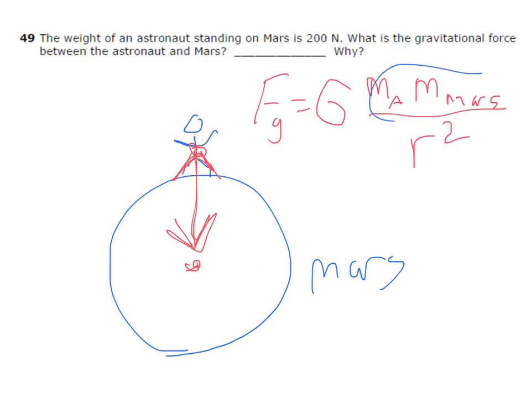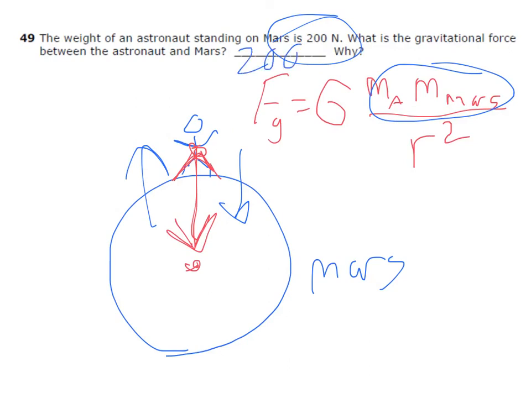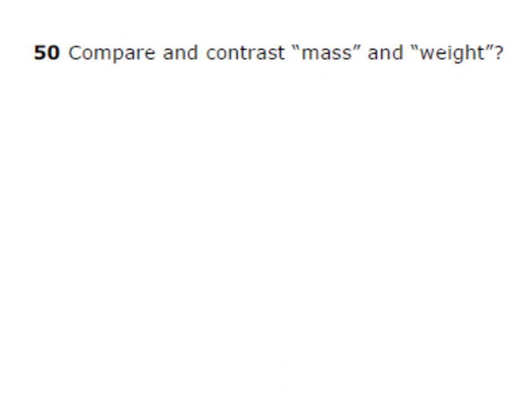But the force is the product of the astronaut and Mars. And that doesn't matter whether we're talking about the force down or the force up. The force is exactly the same, just in opposite directions. So the force is 200 newtons. It's the same.